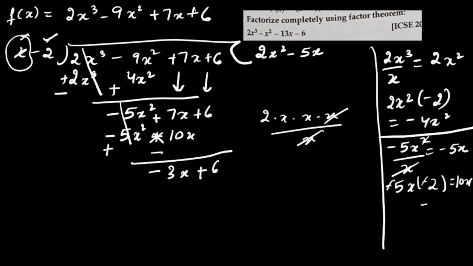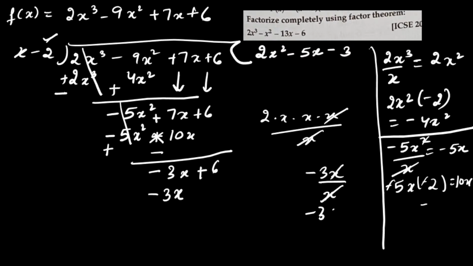Now the same step we will repeat. What's the step? The first term we will write the same, minus 3x. So with this minus 3x, we will divide by the x of the linear polynomial. So x and x will get cancelled. So this minus 3 we will write here in the quotient.